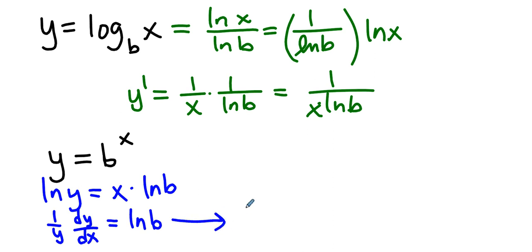So this means that dy dx is y times the natural log of b. So if the base is not e, 2.718281828459045 approximately, if it's some other base, we can take the derivative of the log function, we can take the derivative of the exponential function.